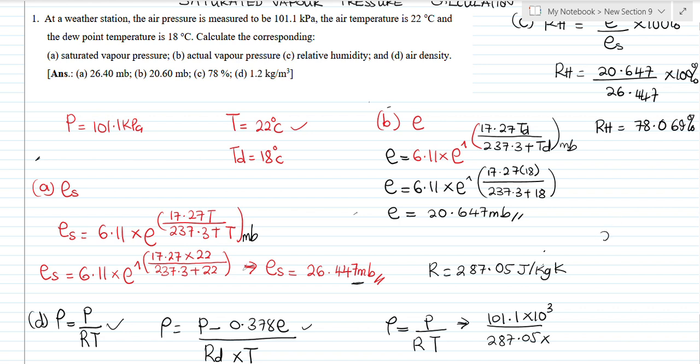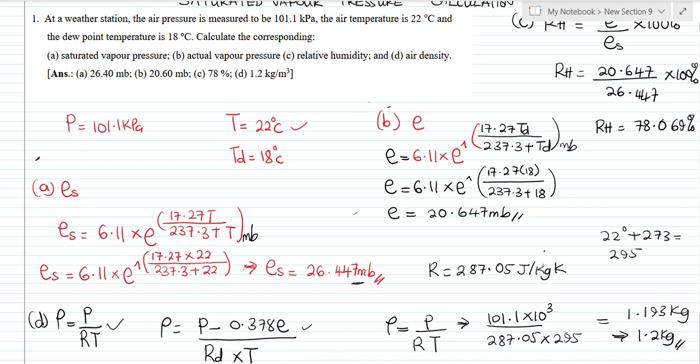Now the air temperature was 22 degrees, so we have to find it in Kelvin, so plus 273. And that is 295. So times 295, and that will give us 1.193 kilogram. So approximately it's 1.2 kilogram.